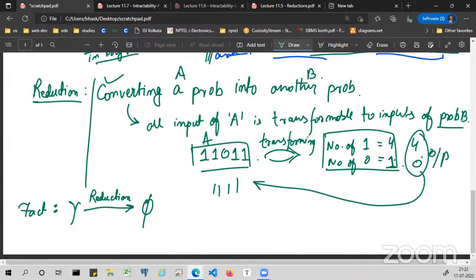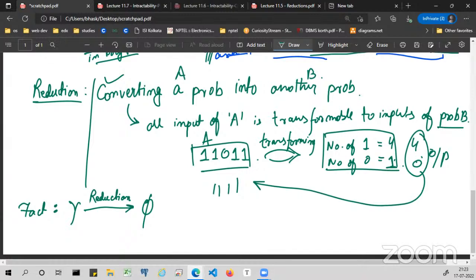Fine. Now the fact is, when I am doing a reduction, I am doing some work to apply the logic correctly. I cannot just arbitrarily do any transformation. I have to keep the semantics and logic intact while doing the transformation.